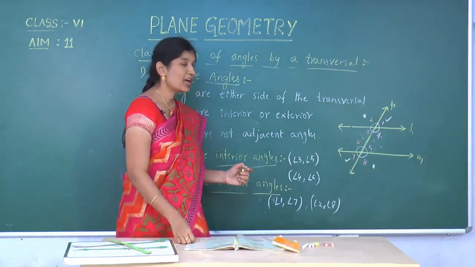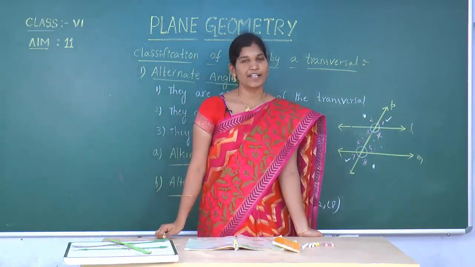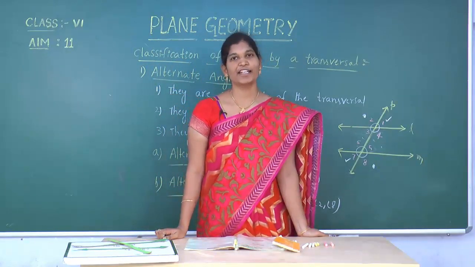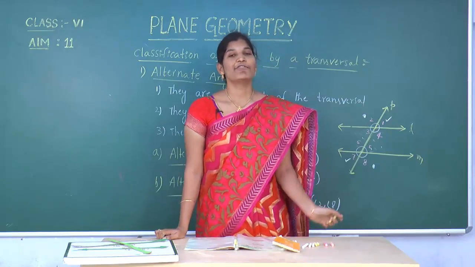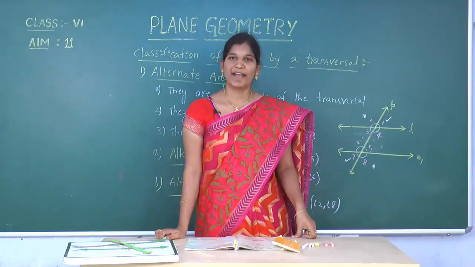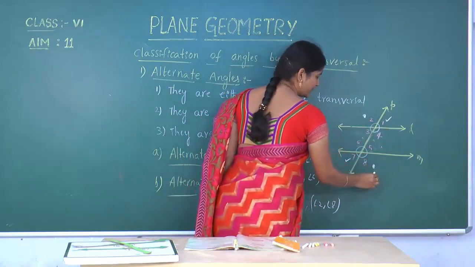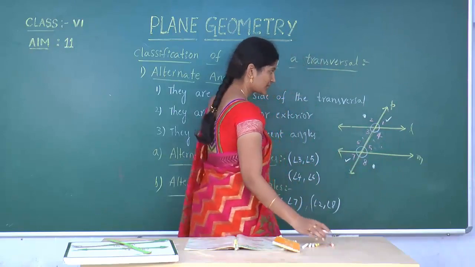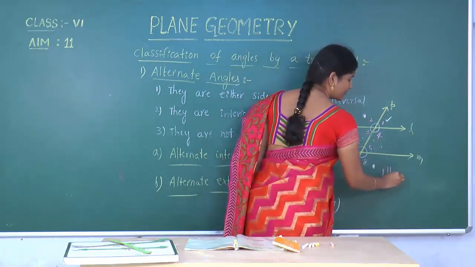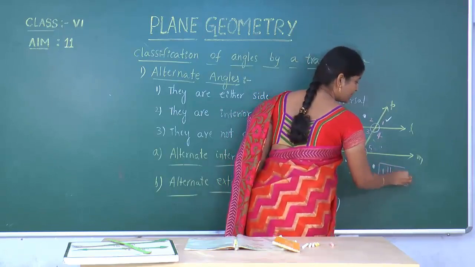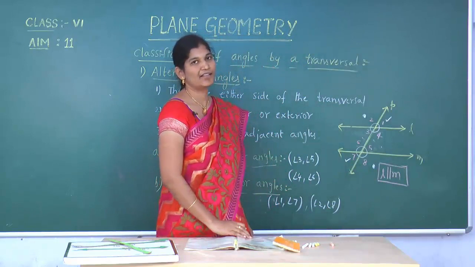And the thing you have to remember is that pairs of alternate interior angles and pairs of alternate exterior angles are equal if the given two lines are parallel. Suppose L is parallel to M, then we can say alternate angles are equal.